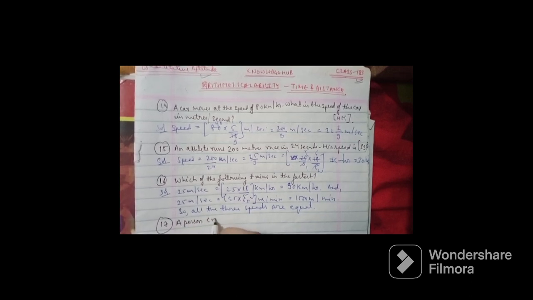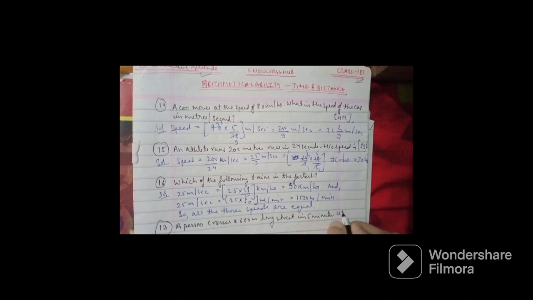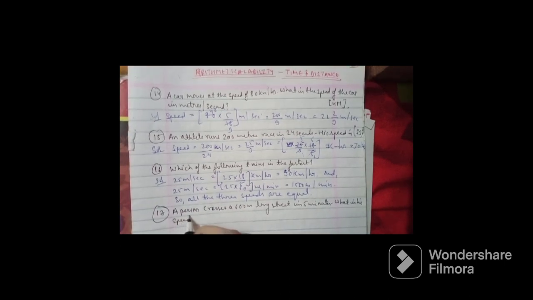A person crosses a 600 meter long street in 5 minutes. What is his speed in kilometer per hour?